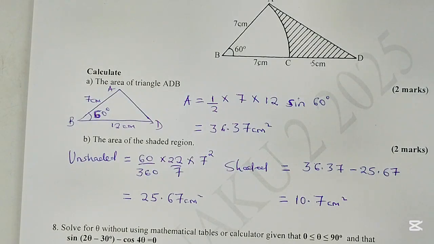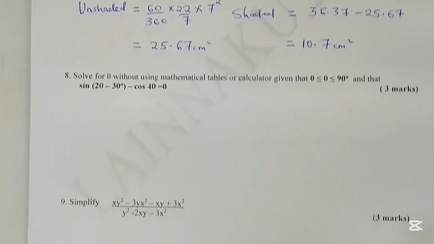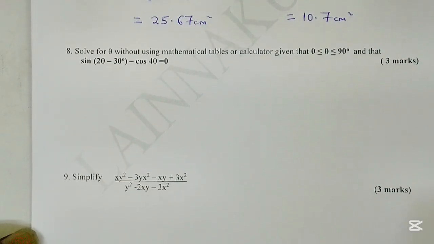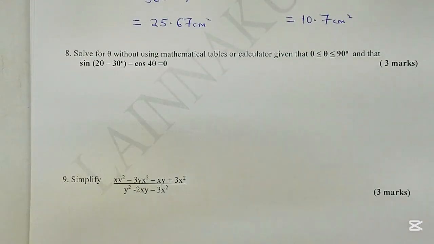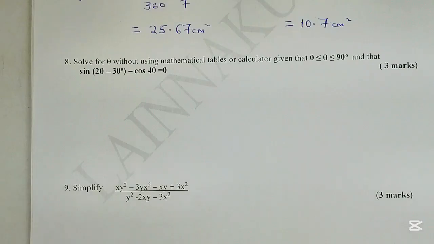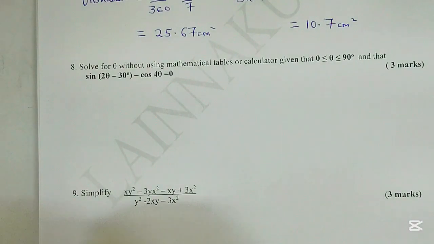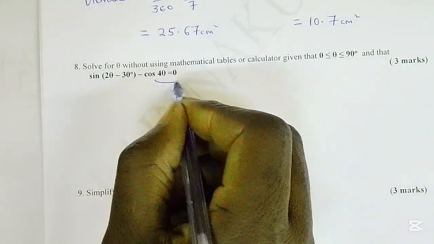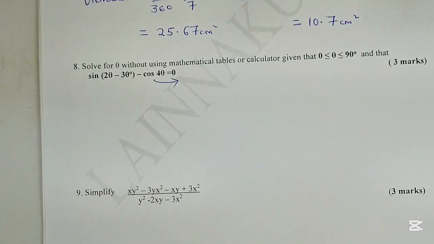Now let us move to question 8. Question 8 is testing on trigonometry, the sine and cosine of complementary angles. It is testing on trigonometric ratios of complementary angles. So here, this cos, you take it to the right hand side.